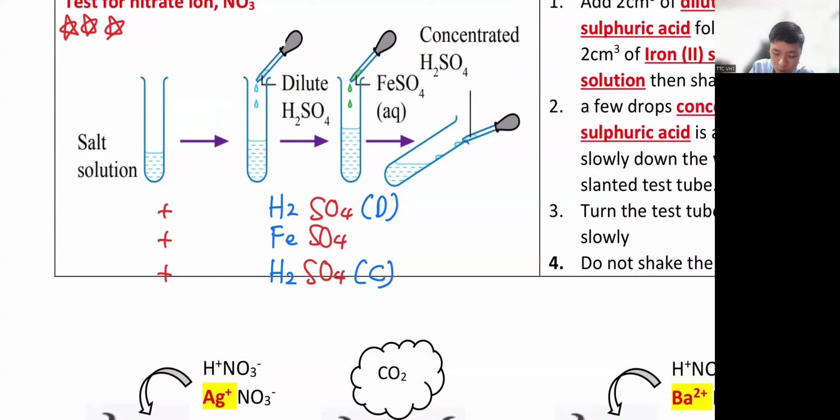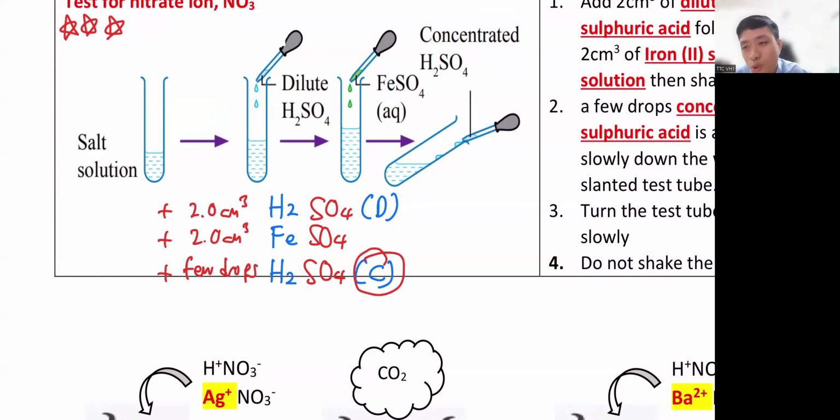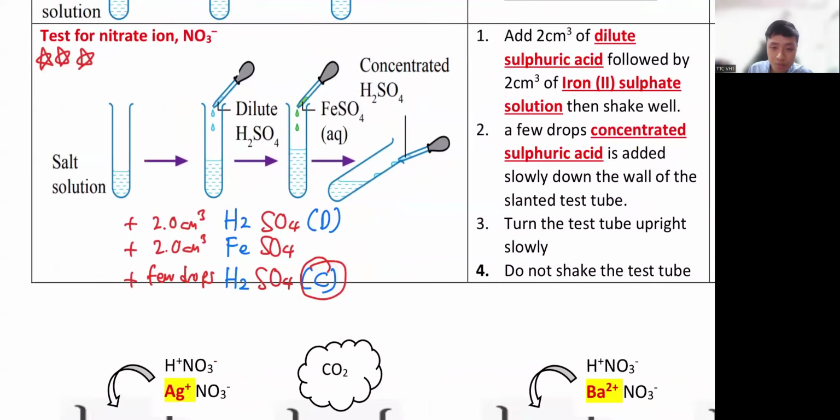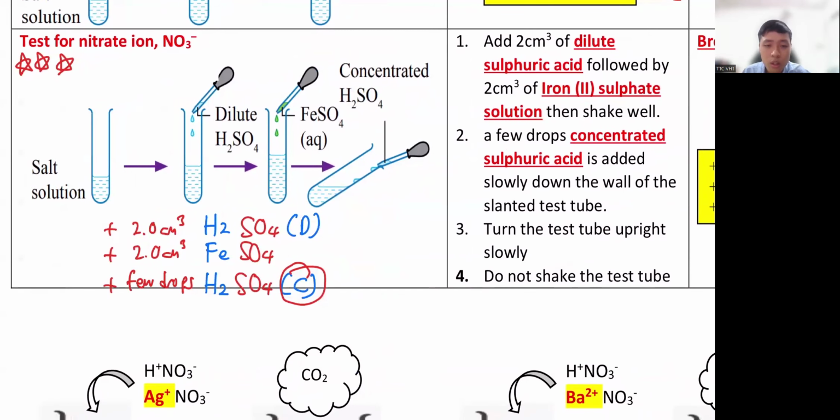For the last one, you put a few drops only, since it's already very thick and very concentrated, so you don't need so much. So this is the structure: H2SO4, FeSO4, H2SO4.